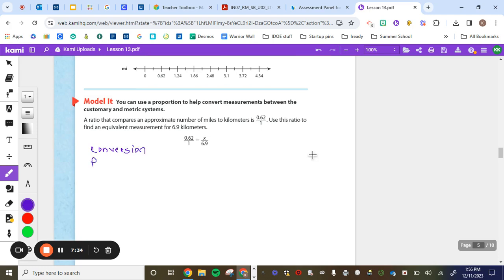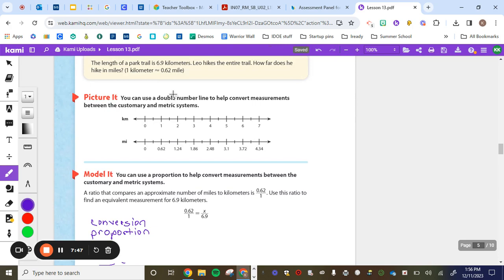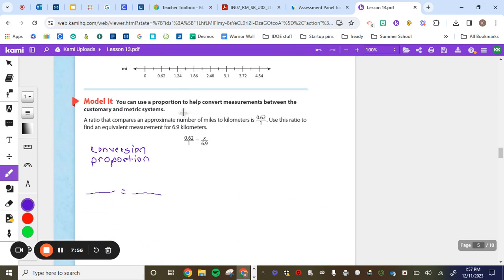It's called conversions because we're converting kilometers to miles or miles to kilometers. So we're going to use our conversion factor. They told us that 1 kilometer is 0.62 miles. It doesn't matter which one you put on the top, the kilometers or the miles, as long as you do both the same.